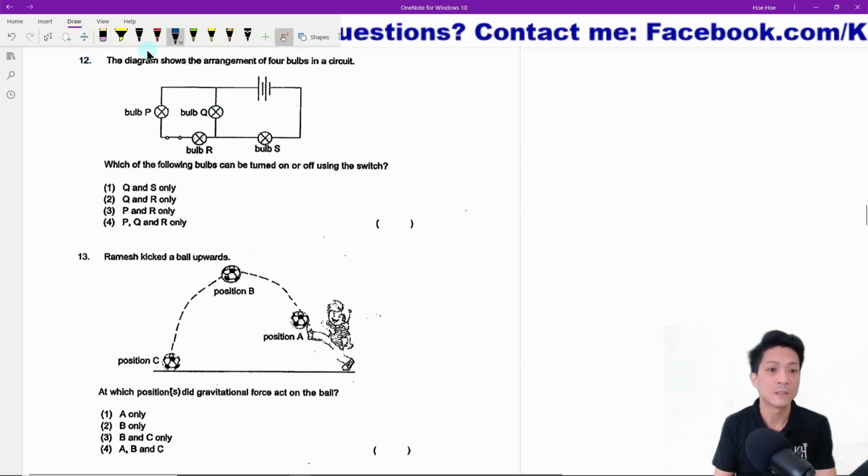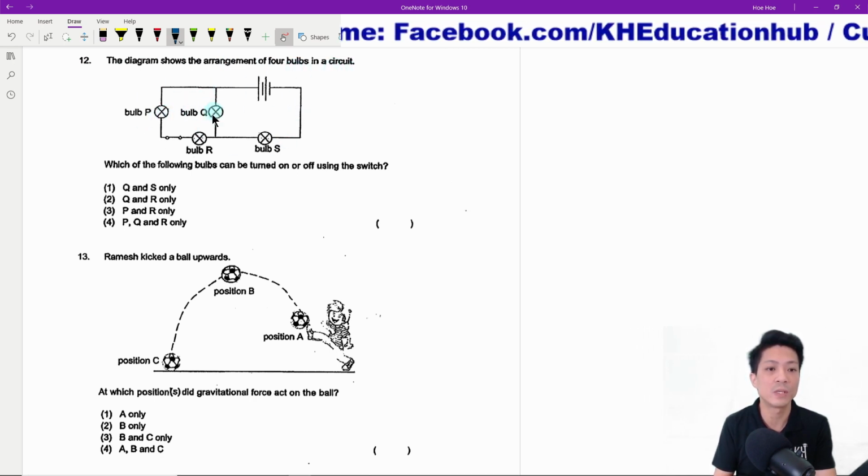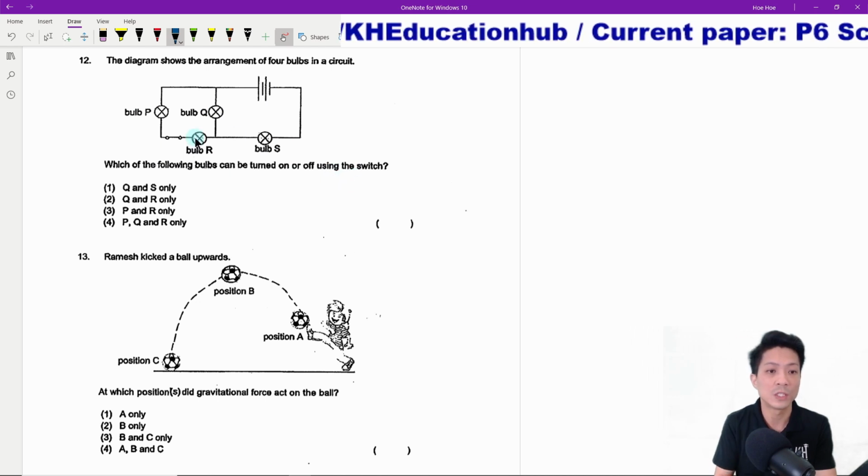Question 12. Diagram shows the arrangement of 4 bulbs in a circuit. So this is a circuit with bulb P, Q, R, and S. Which of the following bulbs can be turned on or off using the switch? The switch is here.